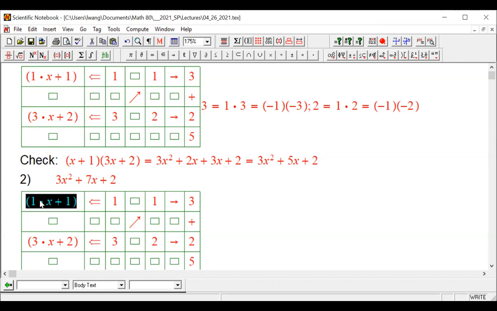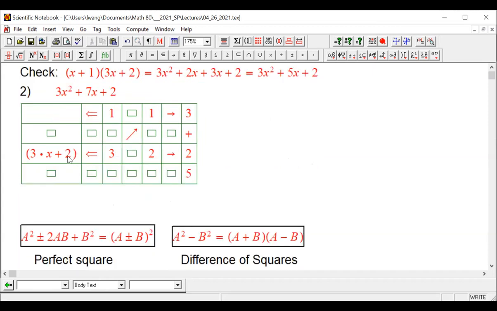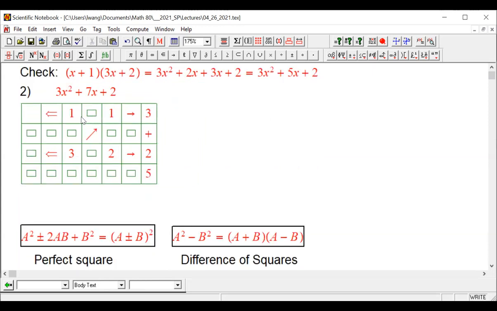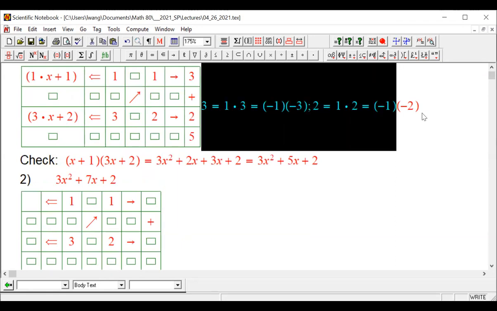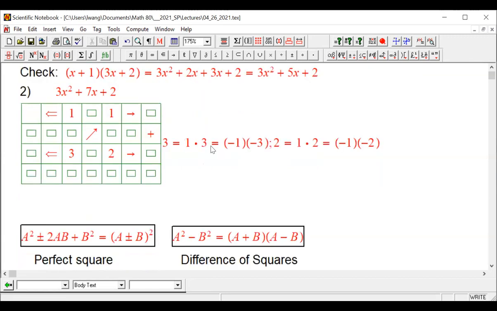So this time we don't know the answer. We still have 3, so we can try 1 times 3 and 1 times 2. We actually have the same combination as we did earlier, but it's not going to work.